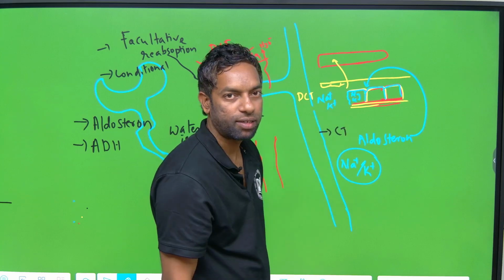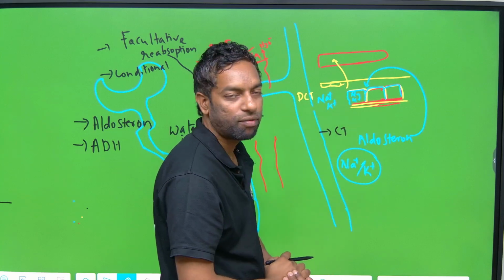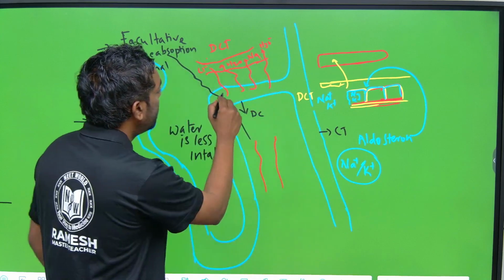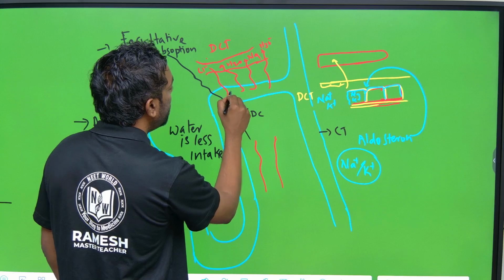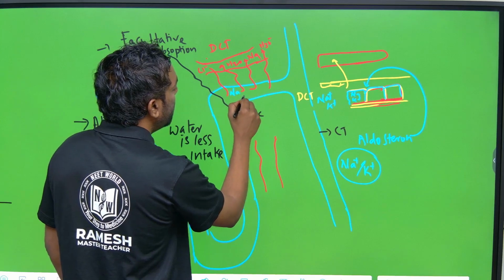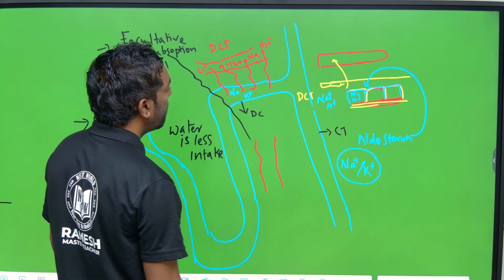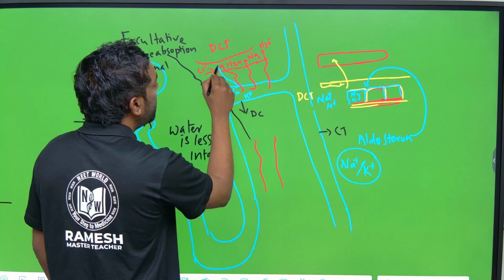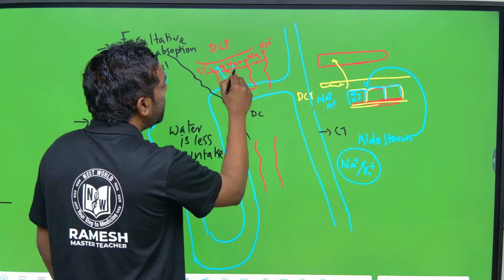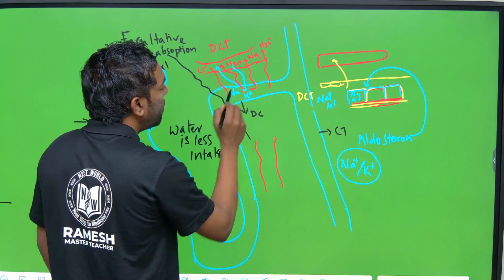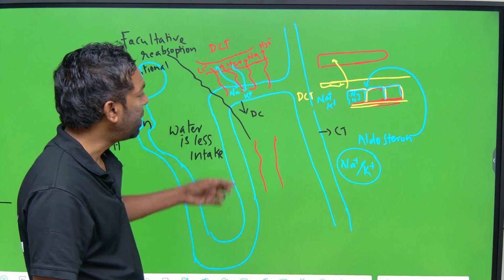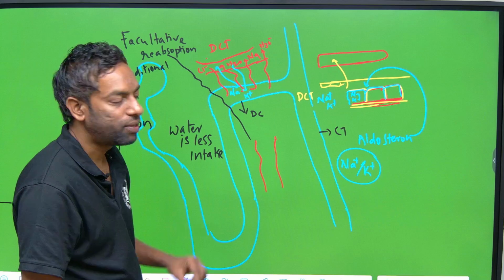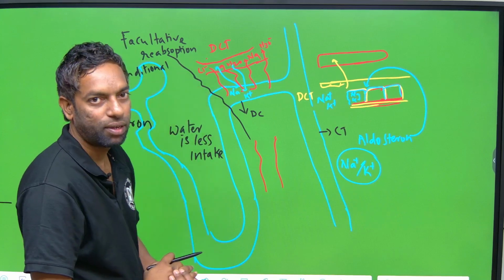In the lumen of the DCT, sodium and potassium are there. If the pump opens, sodium reabsorption takes place, and potassium enters the lumen. That means potassium is secreted and sodium is reabsorbed.